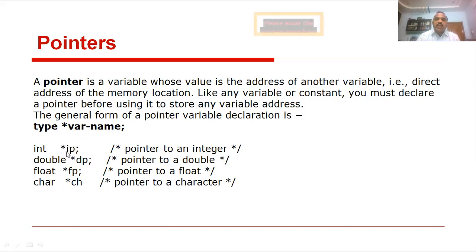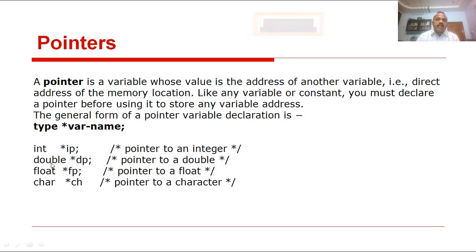The asterisk identifies it as a pointer variable, the data type is integer, and it occupies 2 bytes. The next example is double asterisk dp. Double is also a data type, and asterisk dp is a pointer variable.